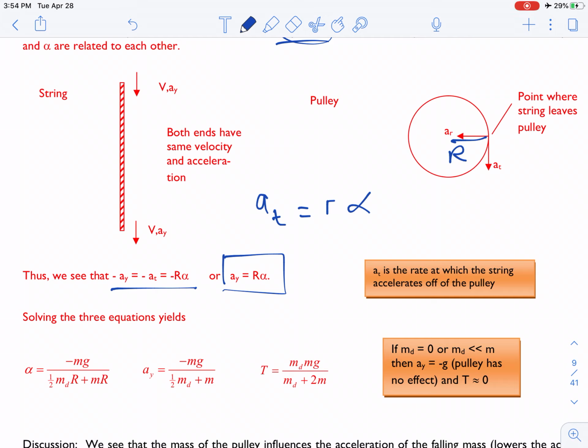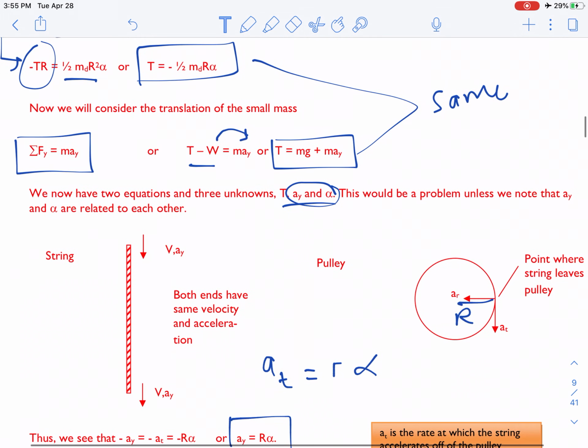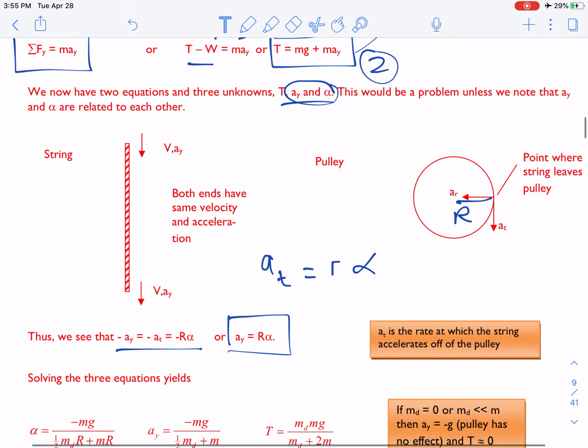And AT is the rate at which the string accelerates off of the pulley, right? So that's the linear acceleration here. Okay, next, using this equation and the equation we developed, we have three equations: the first tension, the second tension, and the third equation is the acceleration relation.